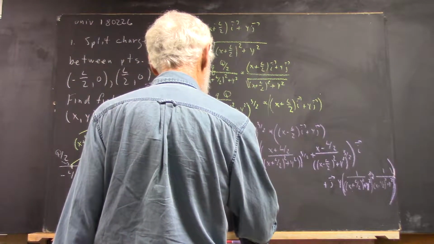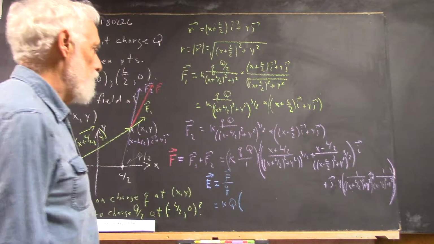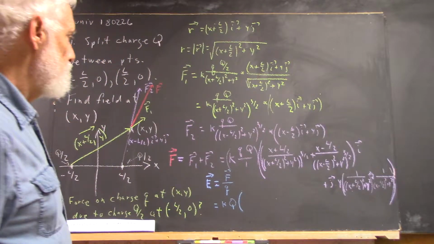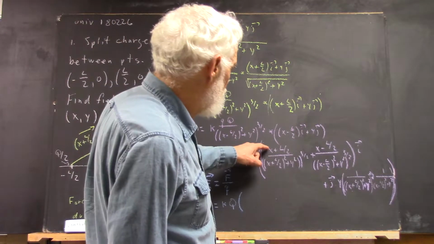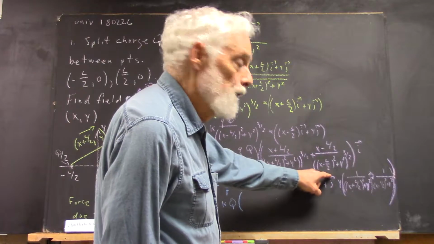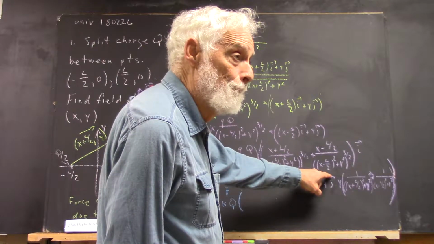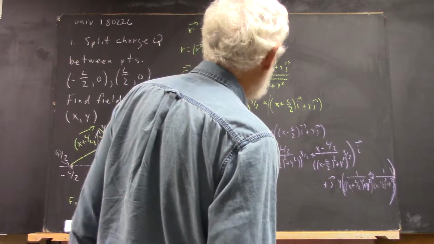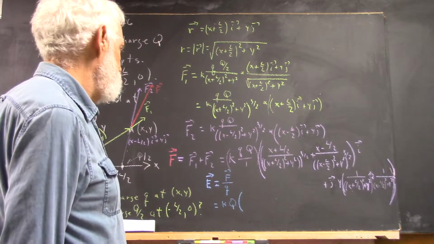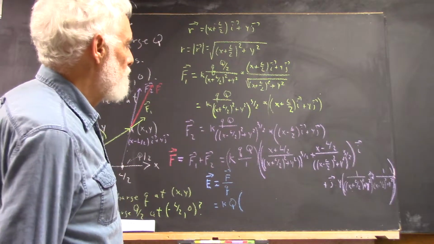Well, I'm going to risk everything by doing a little bit more simplification. We know we're going to have x over this plus x over this, right? So I'm going to use just a symbol for this.